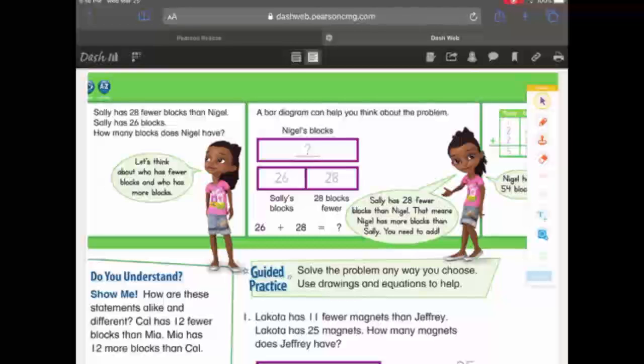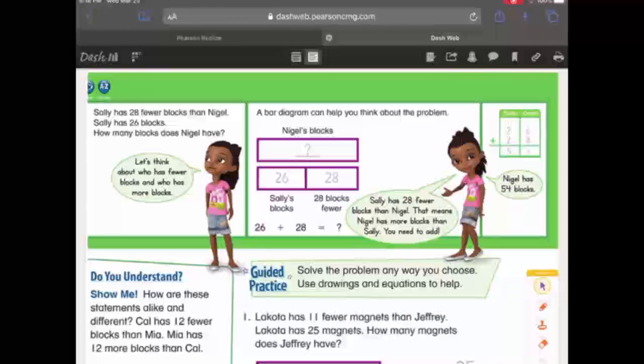Okay, next let's look at the visual learning boxes at the top. Here's what the problem is. Sally has 28 fewer blocks than Nigel. Sally has 26 blocks. How many blocks does Nigel have? And our friend here is telling us, let's think about who has fewer blocks and who has more blocks.